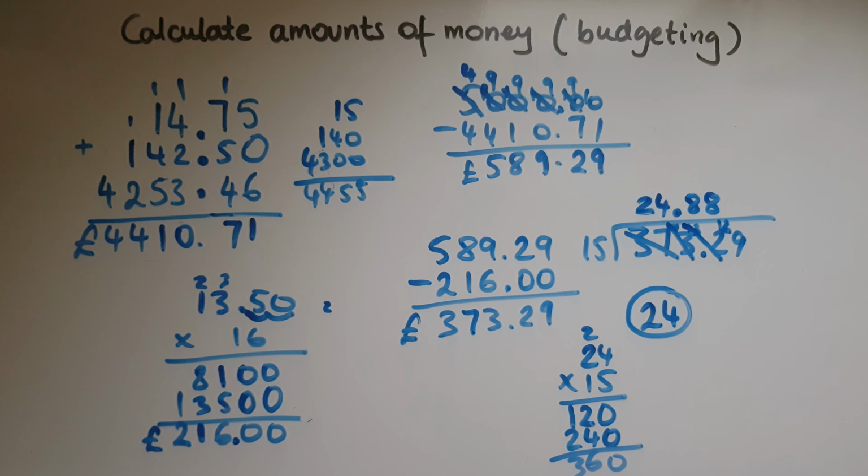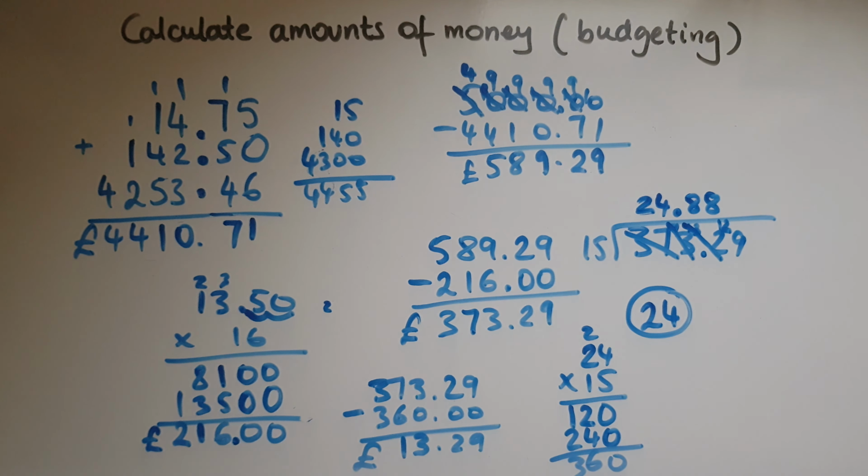So 360 was the cost of this. And from the £373.29 that we have left, take away 360. That's 9, 2, 3. So it's £13.29 left after all the expenses.